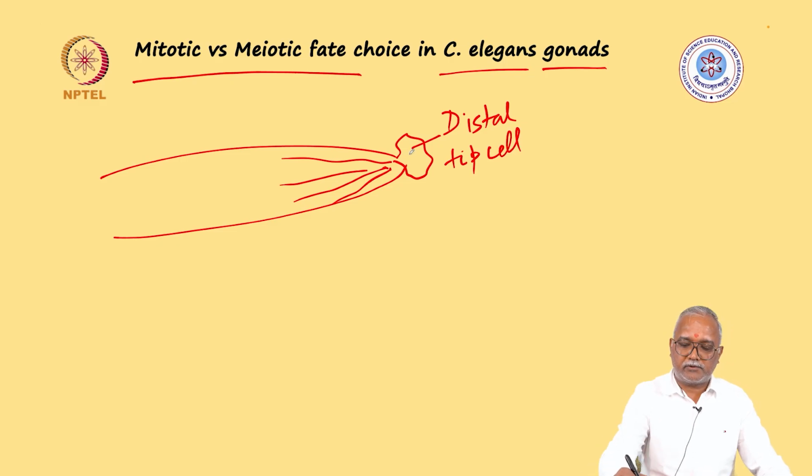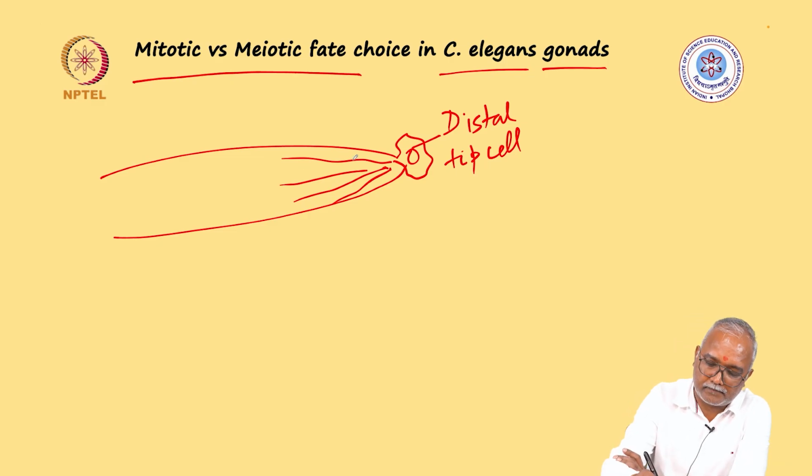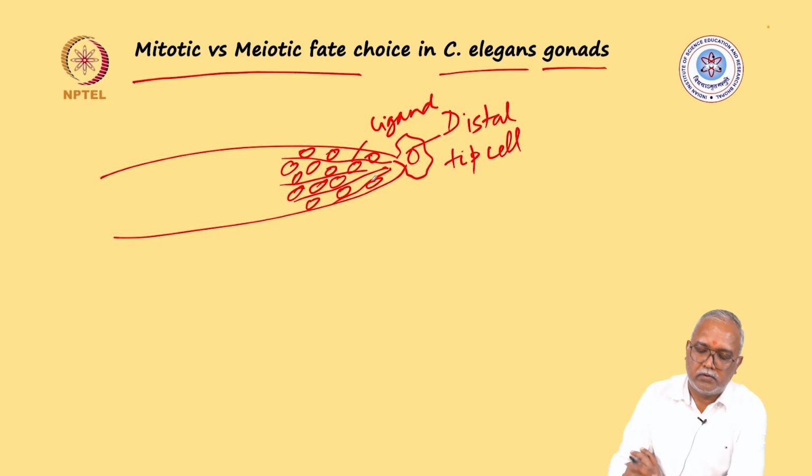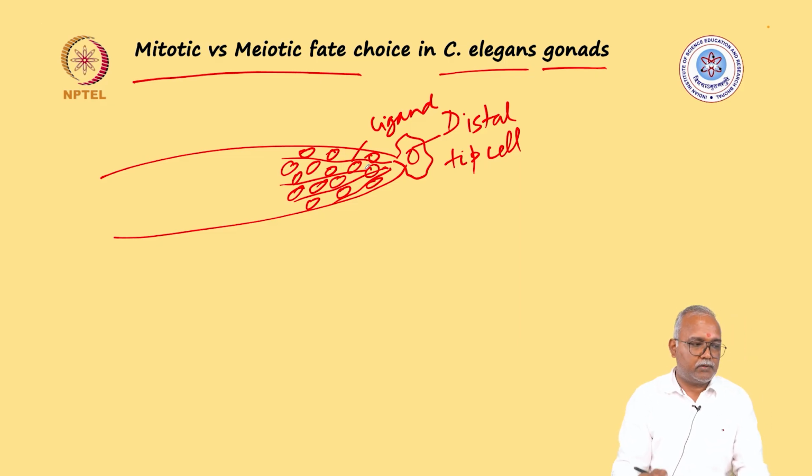This distal tip cell has these tentacles which is expressing the ligand, and there are these precursor cells which are in this region, and they basically express the notch.